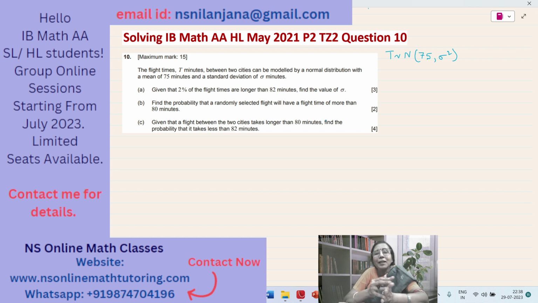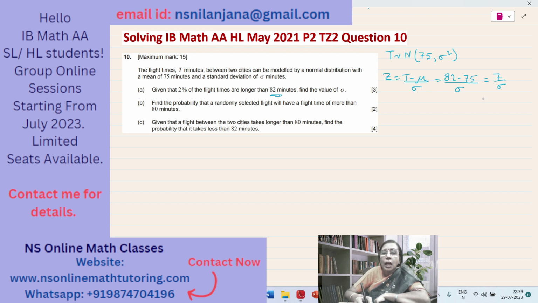The relation is Z equals X minus mu over sigma, but in context of this question I am writing T minus mu over sigma. T is 82 minutes, the mean is 75, so this is 7 over sigma.